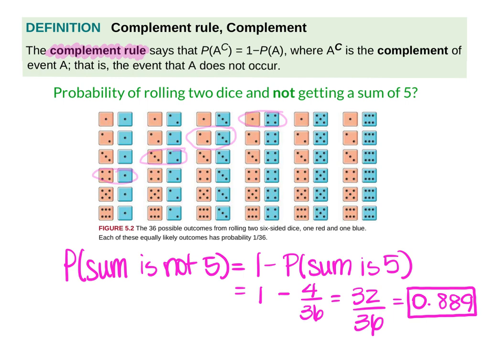Or you could count up all the 5s and subtract it from 1, or 100%. So the probability that the sum is not 5 is 1 minus the probability that the sum is 5. And there's 1, 2, 3, 4. 4 out of 36. So that means 32 out of those 36, or about 89%, is going to be a sum of not 5. So that's how we use the complement.